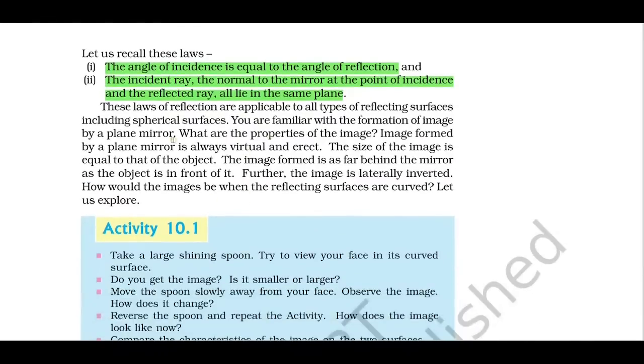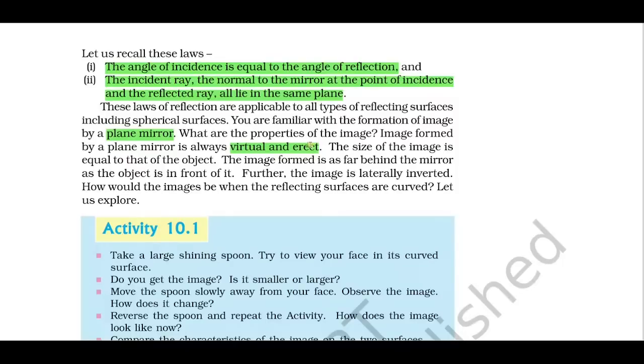These are the important laws of reflection. And also the formation and properties of the image formed by the plane mirror. The image formed by the plane mirror is always virtual and direct. It has been asked many times in MCQs.